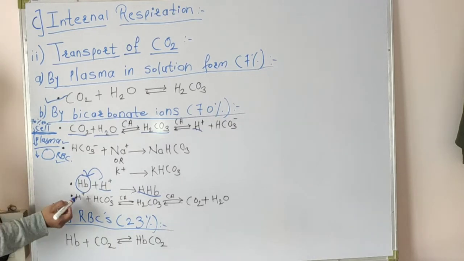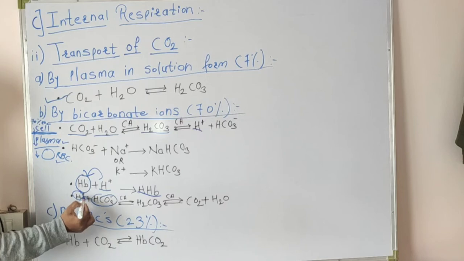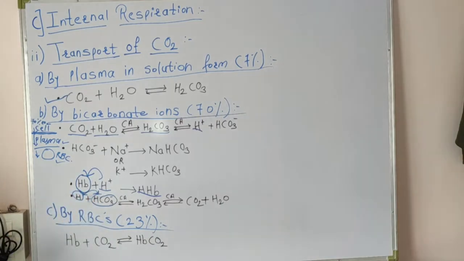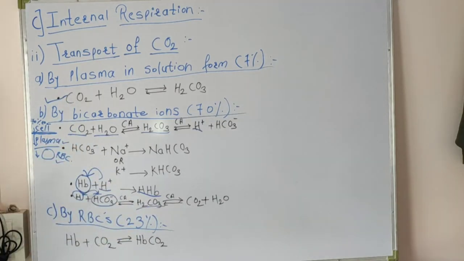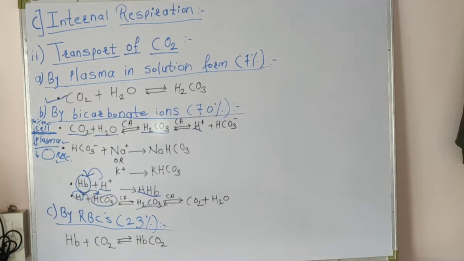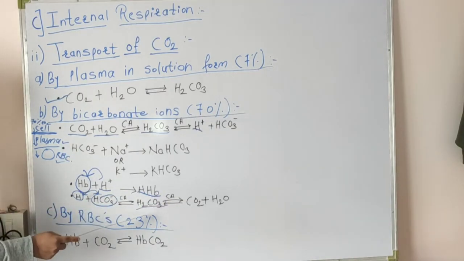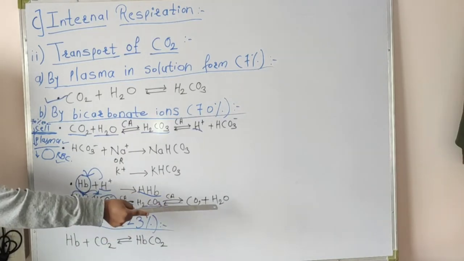Here you can see this is the hydrogen ion and this is the bicarbonate ion. They combine and form carbonic acid in the presence of CA. CA is the enzyme carbonic anhydrase, and because of it, the carbonic acid again dissociates into CO2 and water.